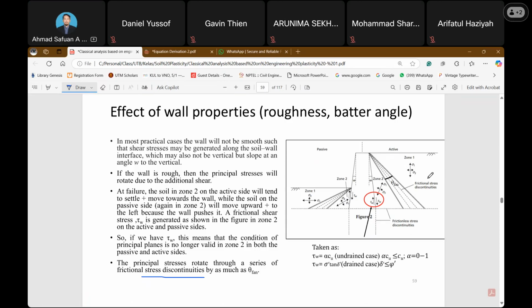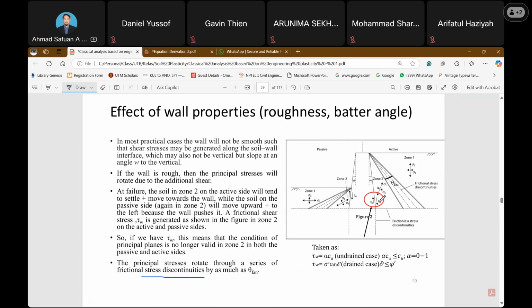While the soil on the passive side will move upward and to the left because the wall pushes it. Shear stress is generated as shown in the figure in zone 2 on the active and passive sides. So this is the shear stress due to the effect of the wall roughness.